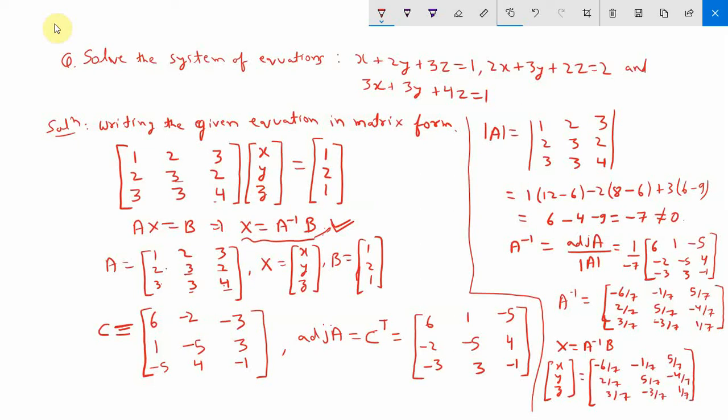This we have to multiply with matrix B, which is 1, 2, 1. Now on multiplying, as I need more space, I will delete the left side.